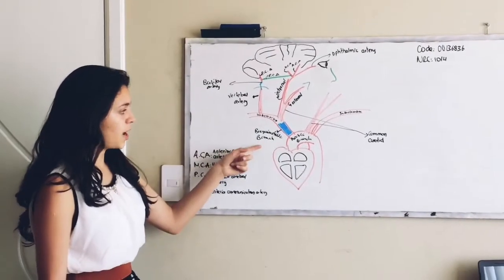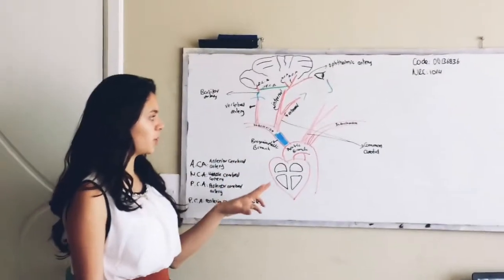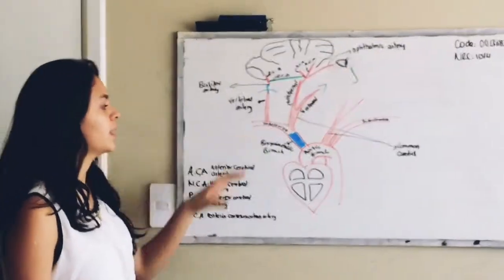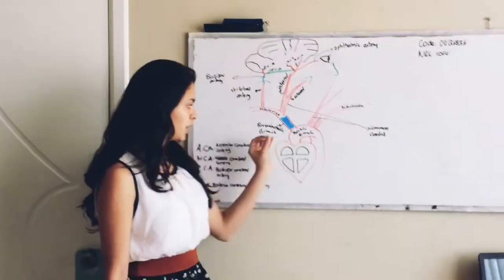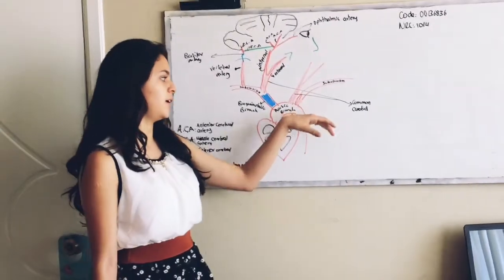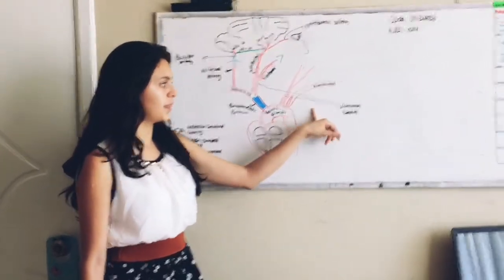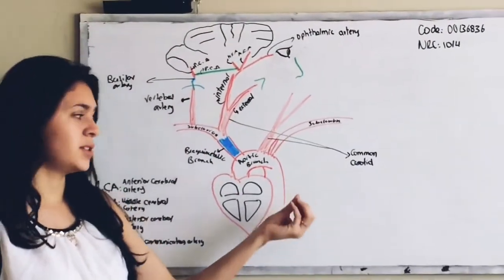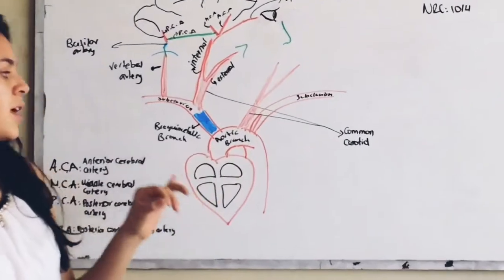The brachiocephalic branch is going to leave two important branches, that is the common carotid and the subclavian. On the left side we don't have a brachiocephalic branch, we have directly the common carotid and the subclavian. These are direct branches of the aortic arch.